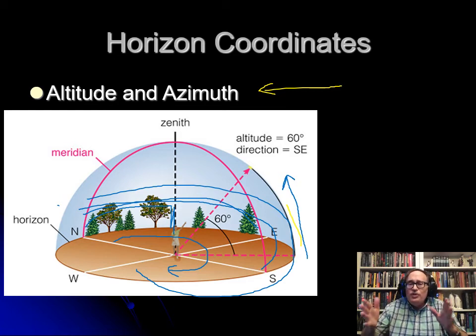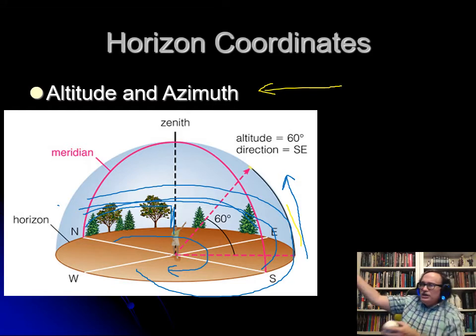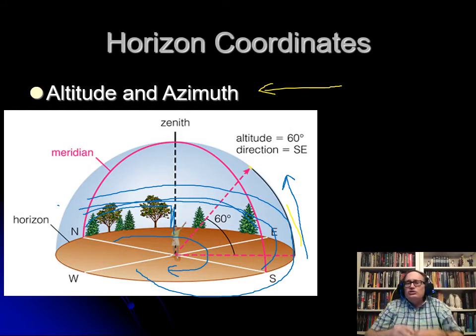So different places are different. The other thing is Earth turns. So as Earth rotates, stars rise in the east and set in the west, and so that means that the altitude and azimuth change as you go. So the altitude and azimuth depends on where you are and when you are.